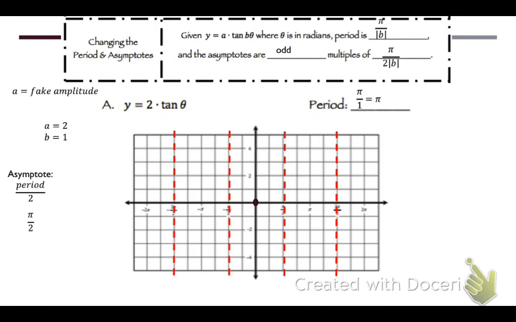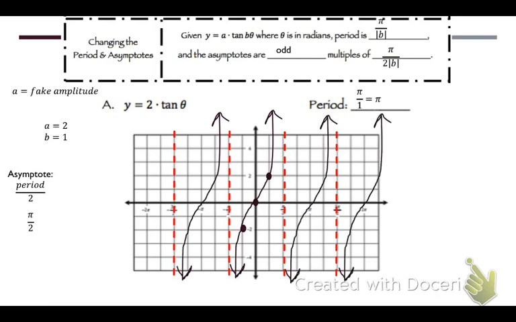So I'm going to go to the right, and I'm going to go up 2, and I'm going to go to the left, and I'm going to go down 2. And then you can just draw that line there. And it doesn't touch the asymptote, it just gets close to it. Okay, and then that just repeats to the left, repeats to the right, repeats, repeats.